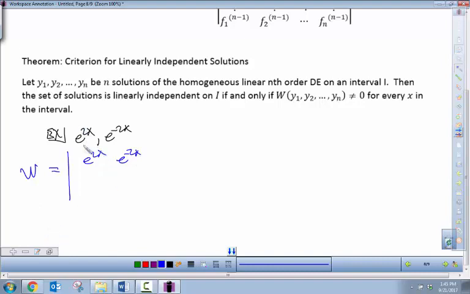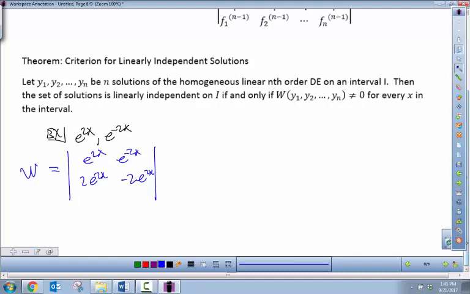So this one would have a derivative of 2e to the 2x. This is negative 2e to the 2x. And so this will allow us to go through the process of finding the determinant of the 2x2 matrix.